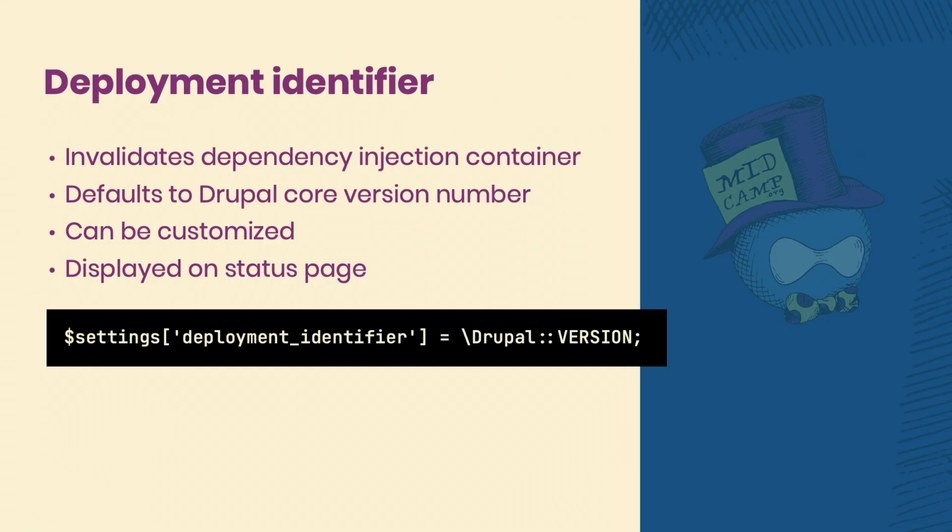What the deployment identifier does is automatically do that when the deployment identifier changes. So it will automatically invalidate the container. And in Drupal, in the default settings.php file, it defaults to the Drupal core version number. So that means whenever Drupal core changes, when you deploy, it will automatically invalidate your container so it can get refreshed and you won't get a white screen of death or PHP fatal error.